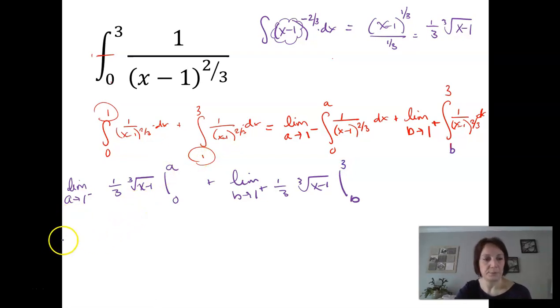Okay, so this is going to be 1/3 cube root a minus 1 minus 1/3 cube root of 0 minus 1, or negative 1.